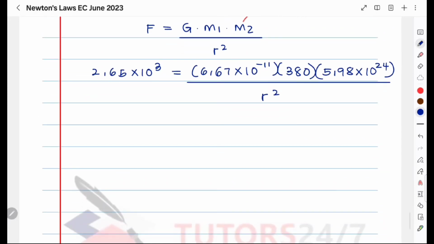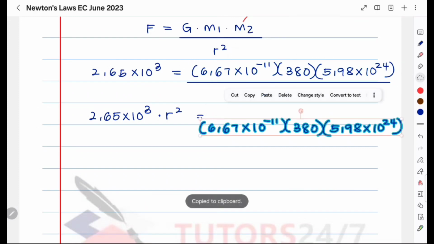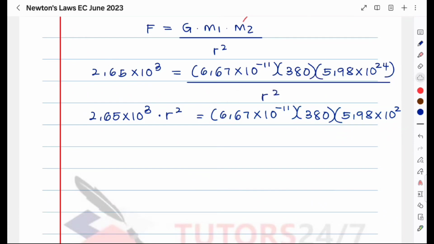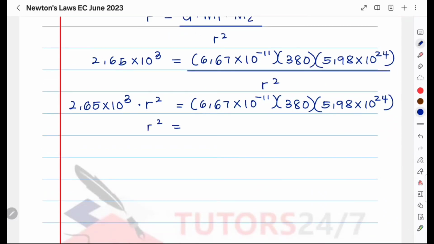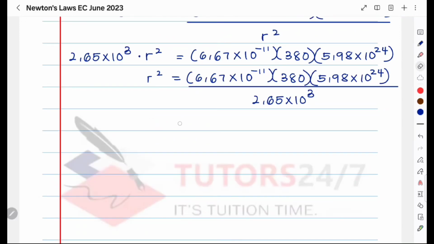From here, we are going to cross multiply. So it is going to be 2.65 times 10 to the power 3 times r squared is equal to the right-hand side numerator. So let us just copy this. From here, we divide both sides by the coefficient of r squared, our force 2.65 times 10 to the power 3.